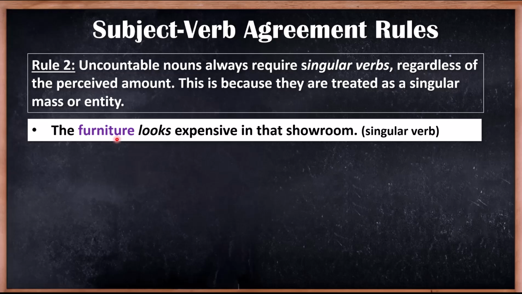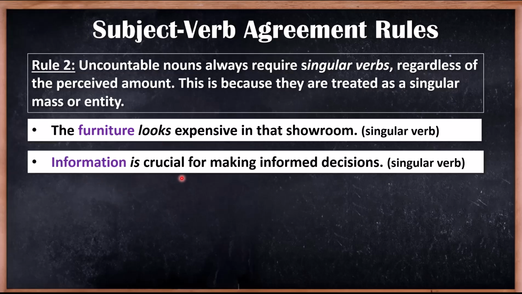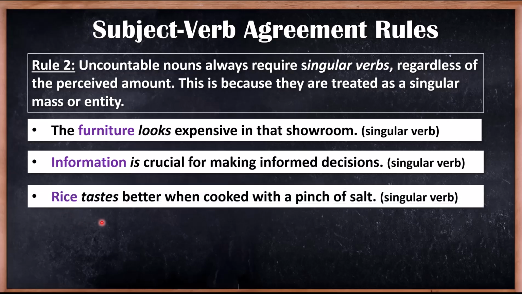Furniture is an uncountable noun, and we use a singular verb, looks, not look. Information is crucial for making informed decisions. Not information are. Information is uncountable, and we use a singular verb. Rice tastes better when cooked with a pinch of salt. Again, we're using a singular verb.